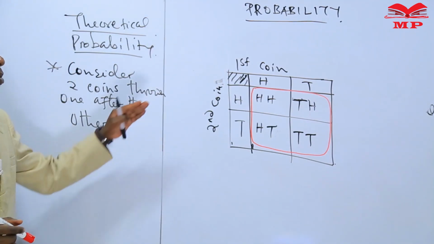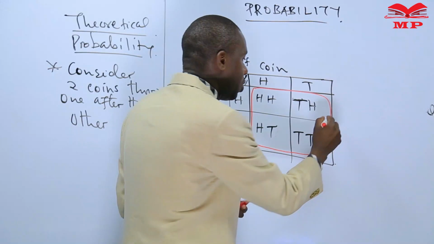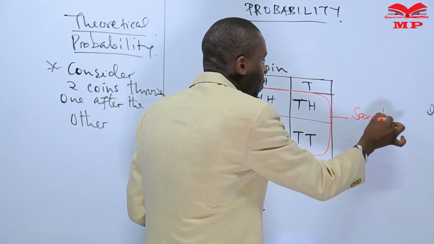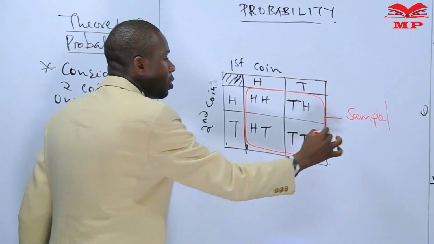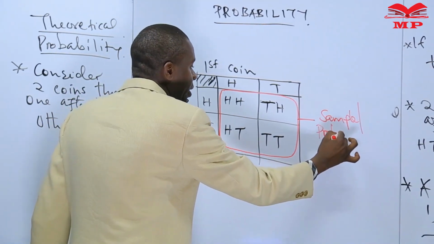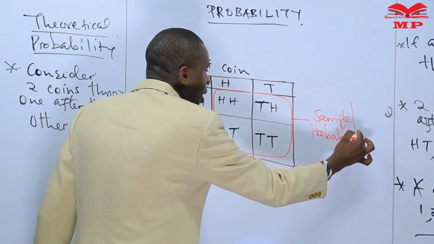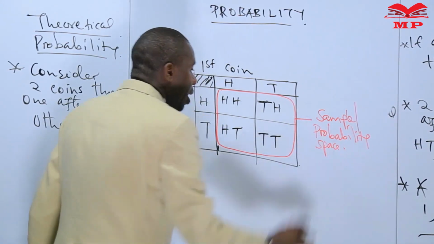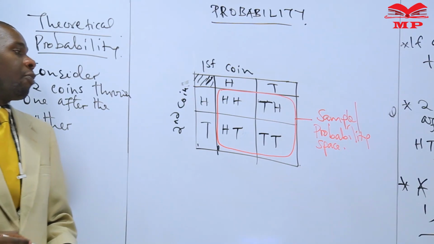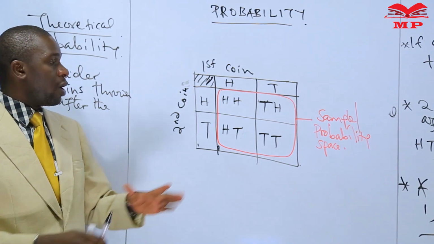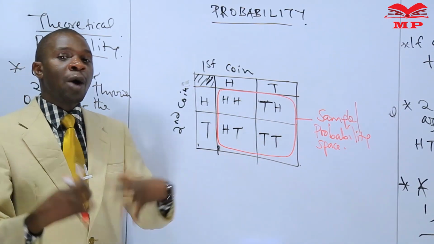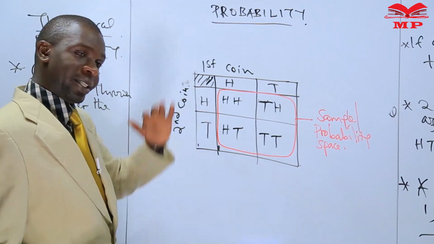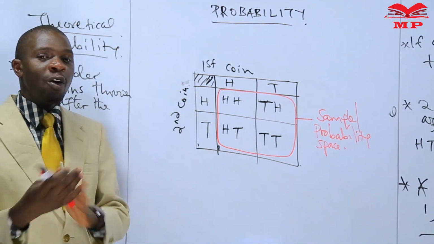Those of us who can immediately connect will know that what I have surrounded is actually a sample space, or what we normally also call probability space. Now, I want us to realize that we've come up with this total number of likely outcomes without doing any experiment, because we expect that when we throw a coin, there are only two chances.